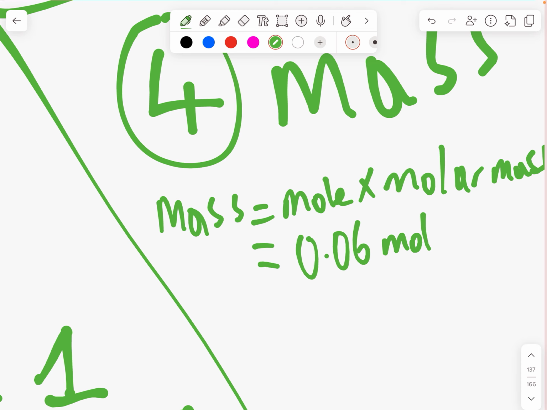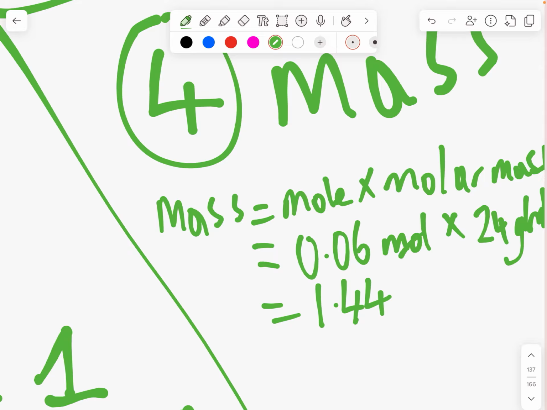The molar mass of magnesium, you can always look this up, it's 24 g/mol. 0.06 times 24, the answer that I get is 1.44 grams, as mole cancels mole. What this answer is telling us is that this is the mass that we expect to be produced at our electrode.